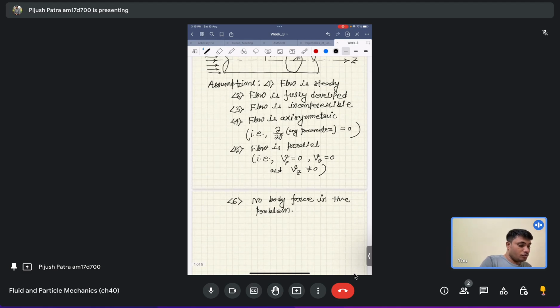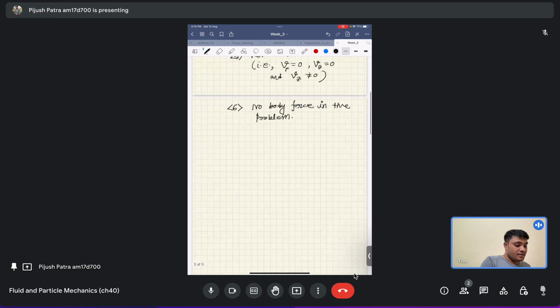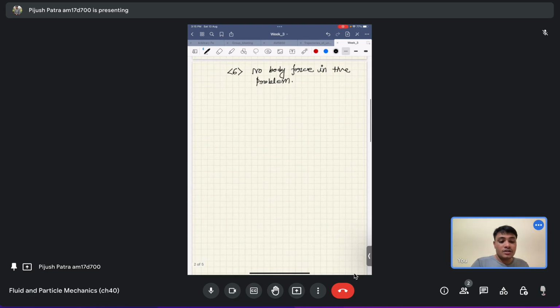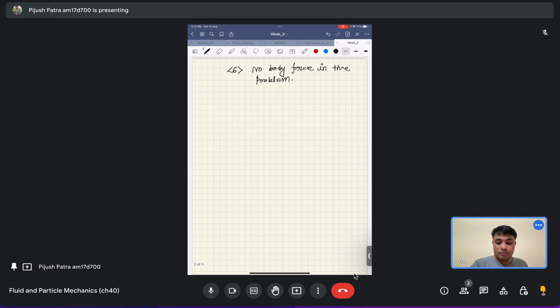So these are the assumptions. Now let me write down the continuity equation in cylindrical coordinate system.